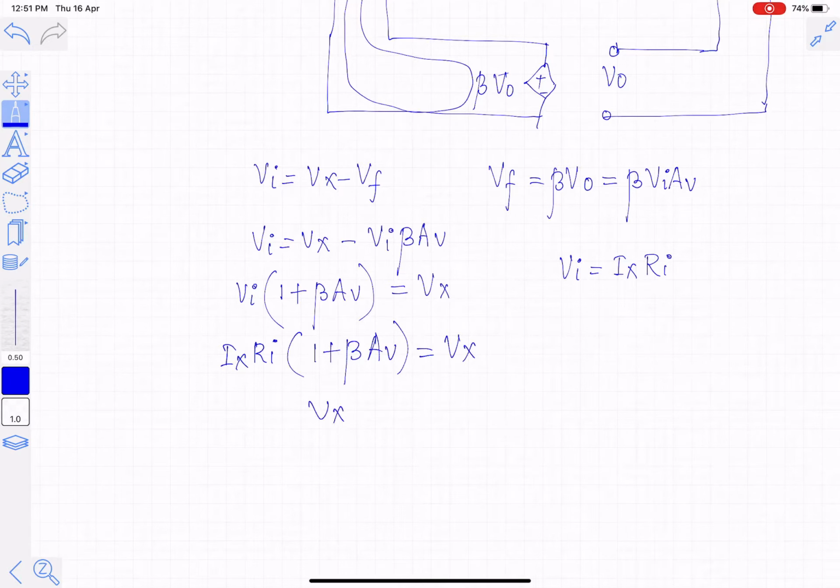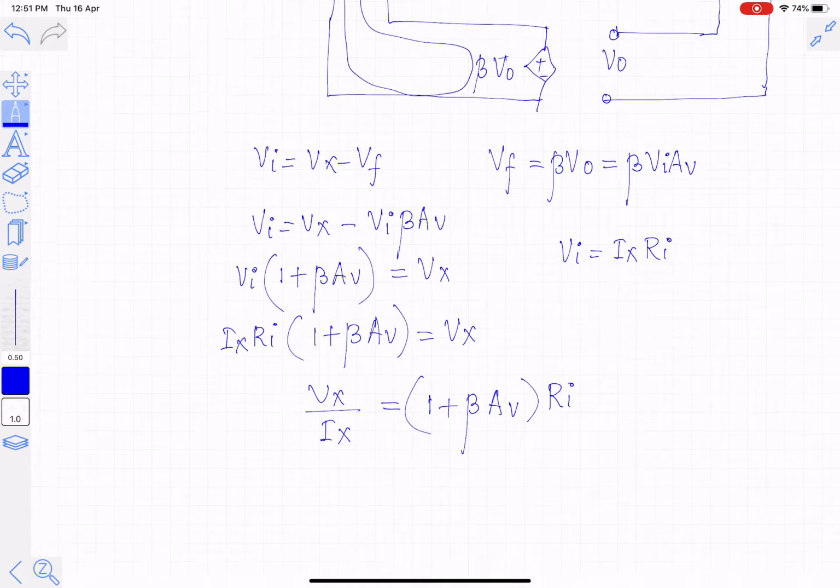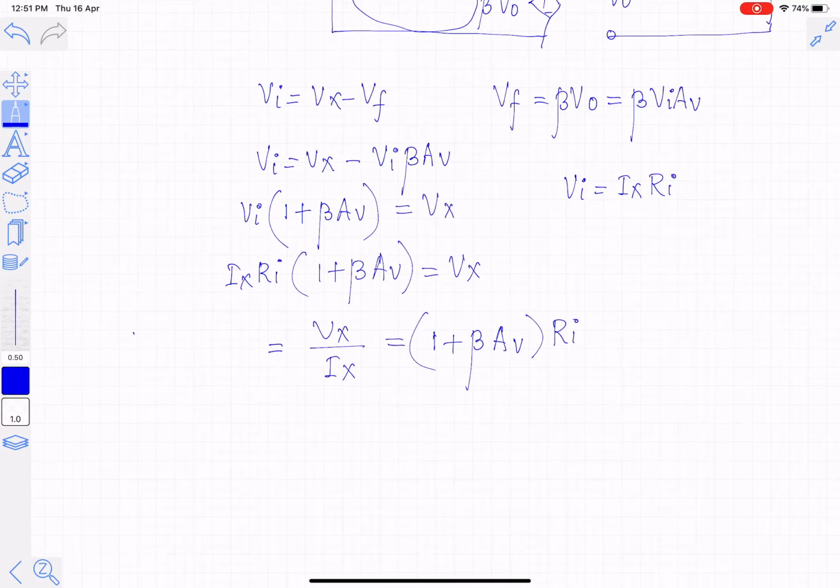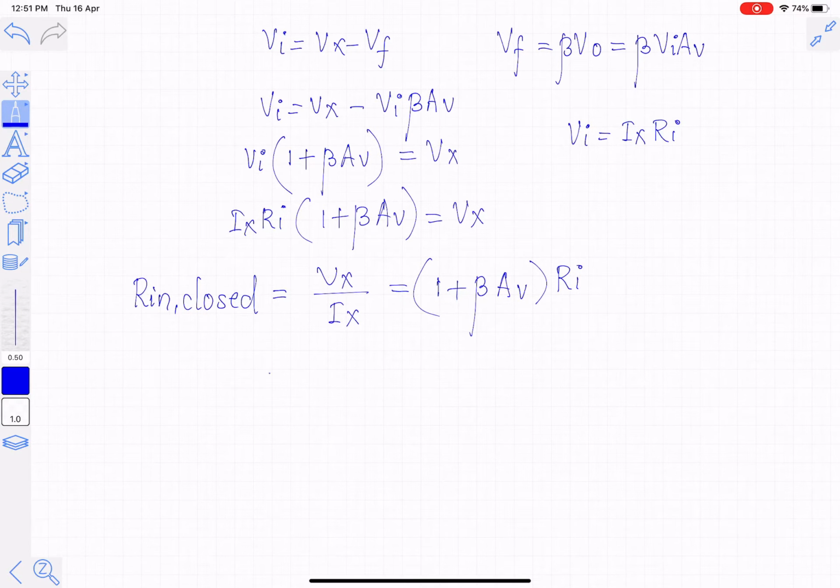So we can see that Vx upon Ix will be equal to (1 plus beta into Av) into Ri, or we call this quantity as Rin closed. So Rin closed is equal to (1 plus beta into Av open) multiplied by Ri. So input impedance has improved in case of voltage amplifier because of feedback by a factor 1 plus loop gain.